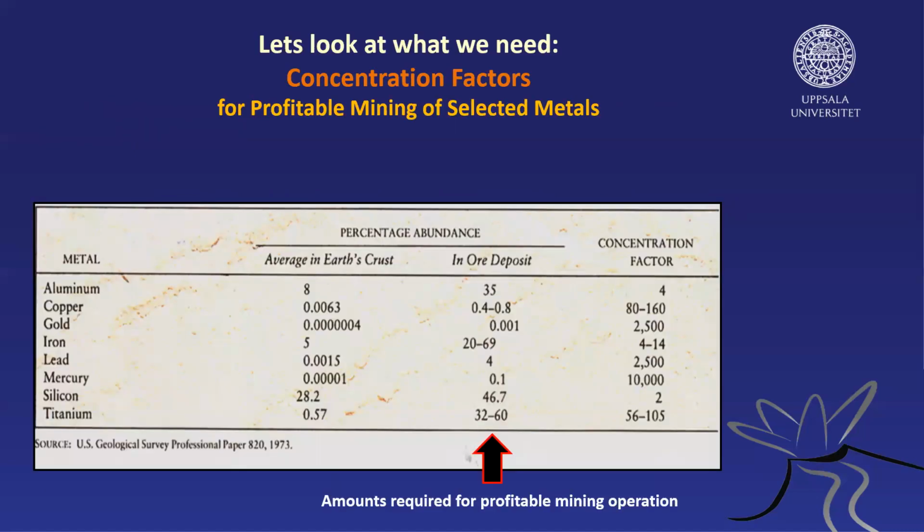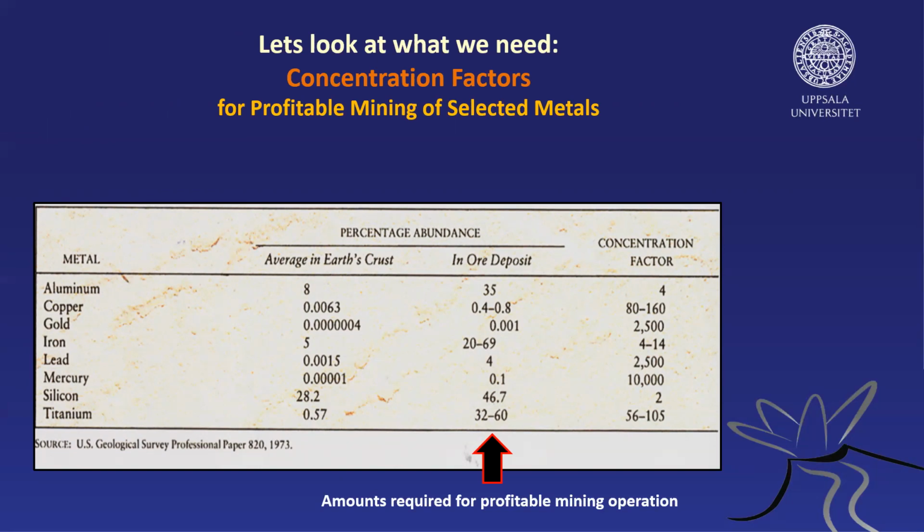But first, we can have a look at what we call concentration factors. So basically, this is the amount of valuable elements we have to be concentrated in one place to be economically interesting to mine.